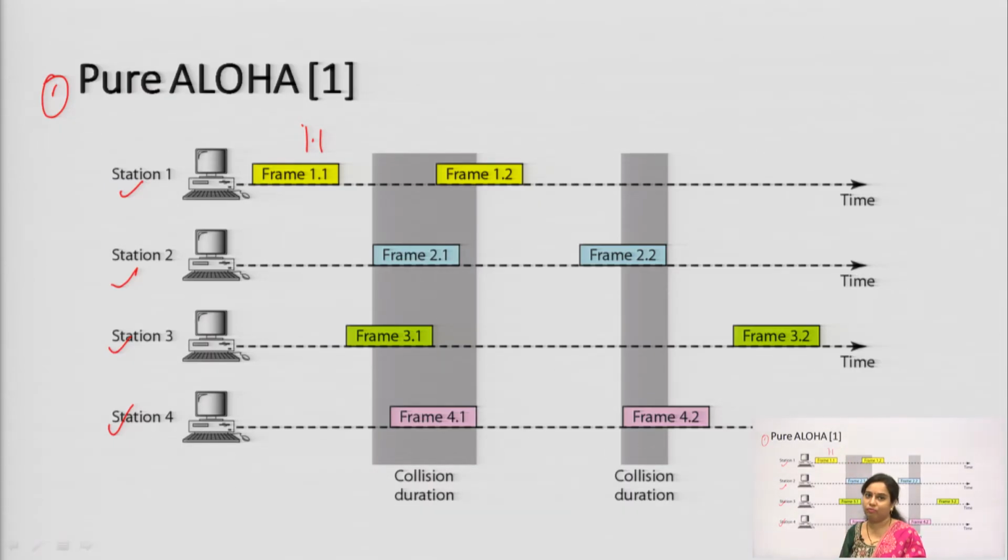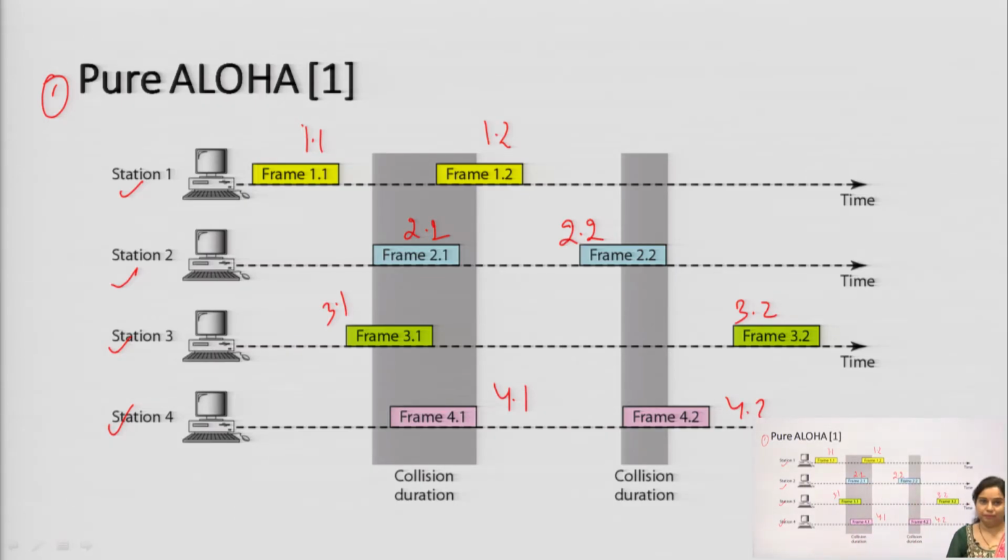You can write frame 1, frame 2, then 3, 4, 5, 6 and so on, but to link it with the first station we have written 1.1, then 1.2. This is second station first frame, second station second frame, third station first frame, third station second frame, then fourth station first frame, fourth station second frame. So, this is the numbering.